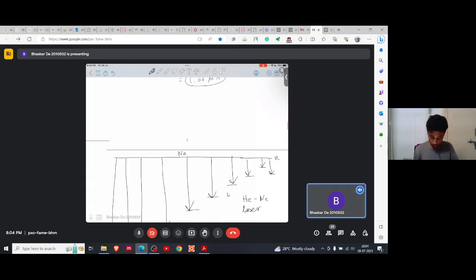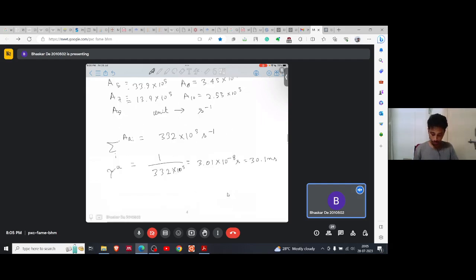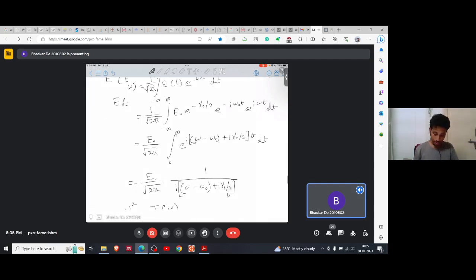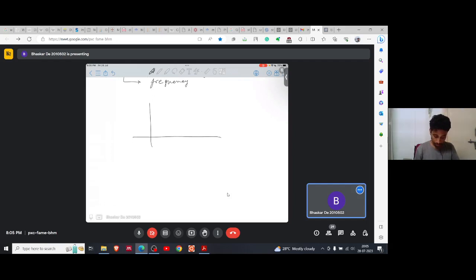So here I am discussing that the helium neon laser has this particular wavelength, which is the most dominant one in the helium neon laser. But that should not mean that the helium neon laser is emitting light only at this particular wavelength, 632.8 nanometer. If it was emitting light of 632.8 nanometer, then this would look like a single line.